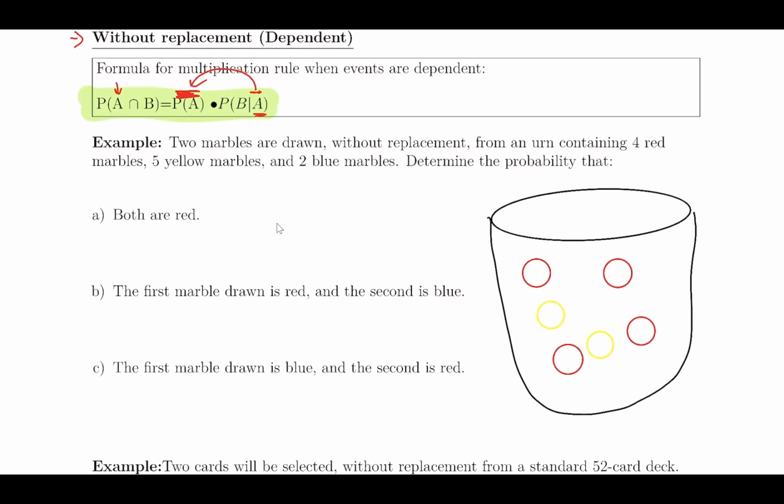Hopefully you can see that. 2, 3, 4, 5. And lastly, if you look at that, we have 2 blue marbles.